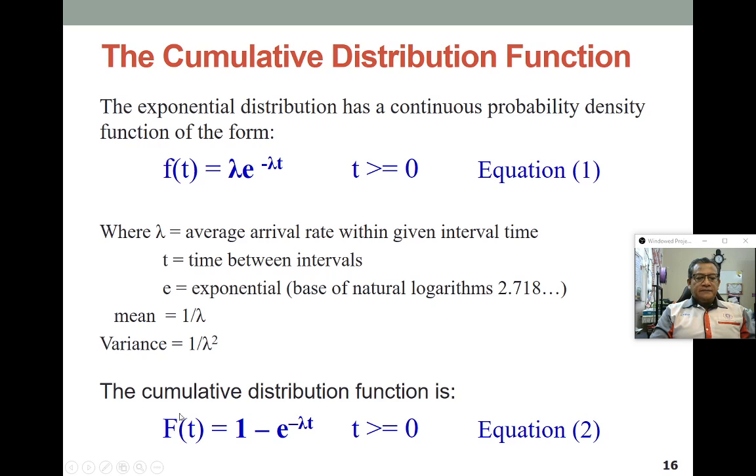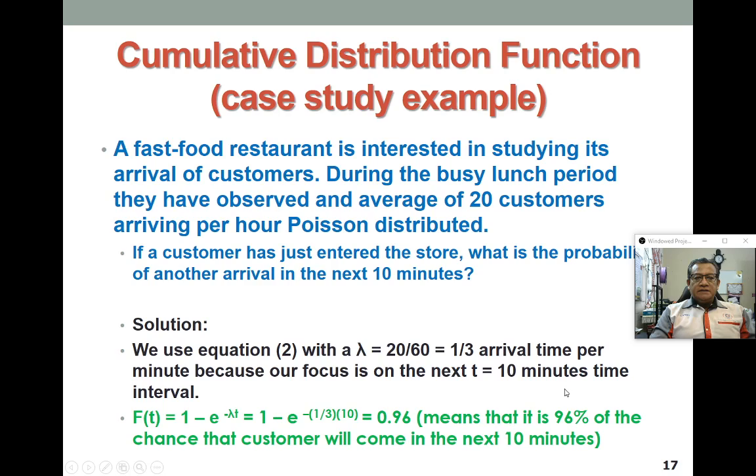The function of time equals 1 minus e to the power of negative lambda t. This is as if like 100 minus the rest, so that's why it is 1 minus the exponential of negative power. Okay, equation number 2 we apply to this case study example.